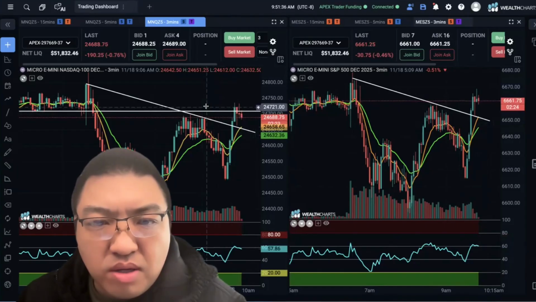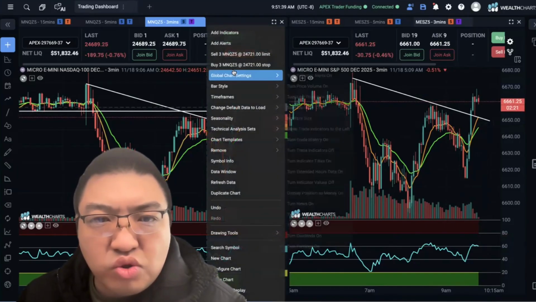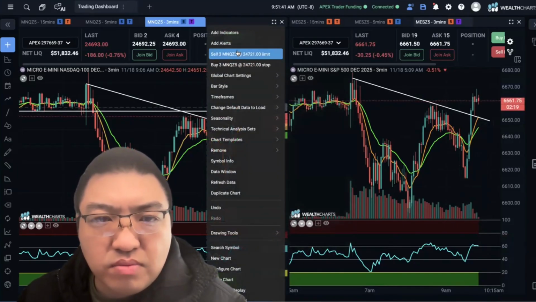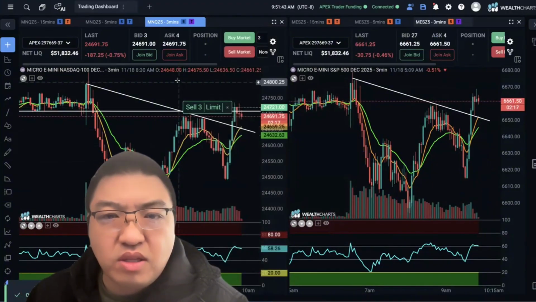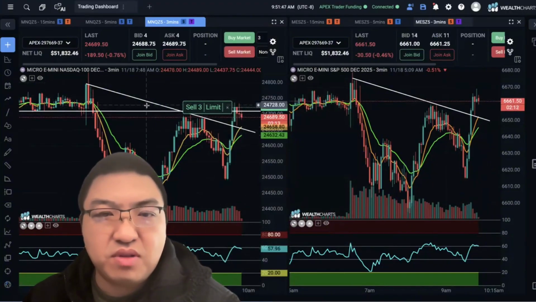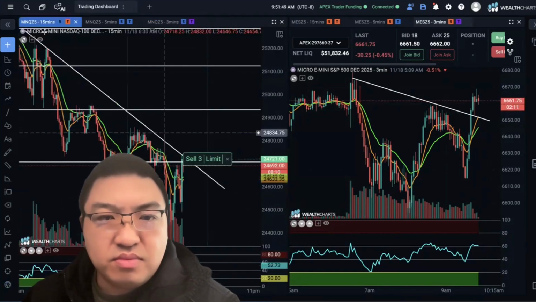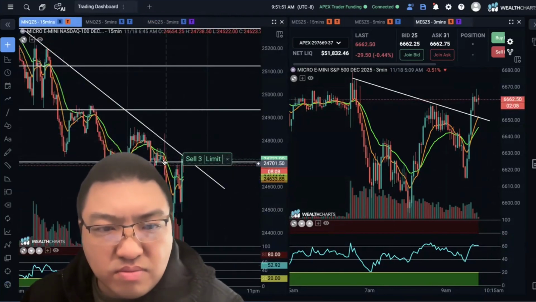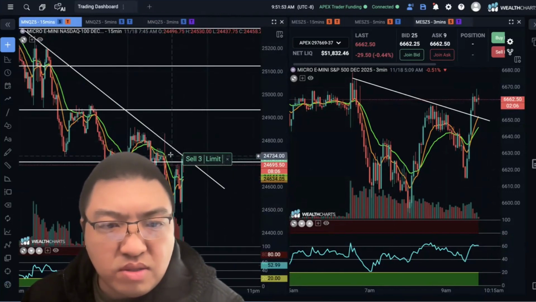Okay, we'll probably go short here and see if it will come back and pick us up, because this is already the trend line on the 15-minute chart, right? It's the 15-minute. So sideways a little bit and get rejected.